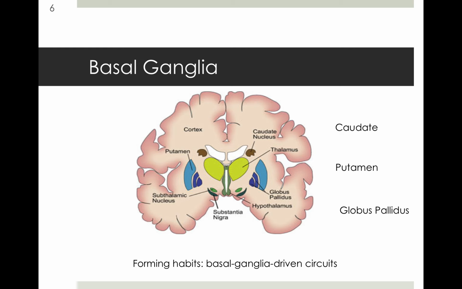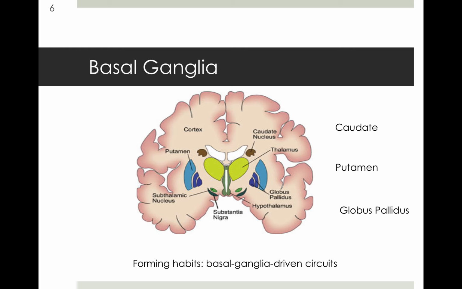And those include the caudate nuclei here, which are sitting right underneath the ventricles. And then the putamen, which are these lightish blue areas right here. And then more mesial to the putamen, you have the globus pallidus. And there are internal and external segments of the globus pallidus.